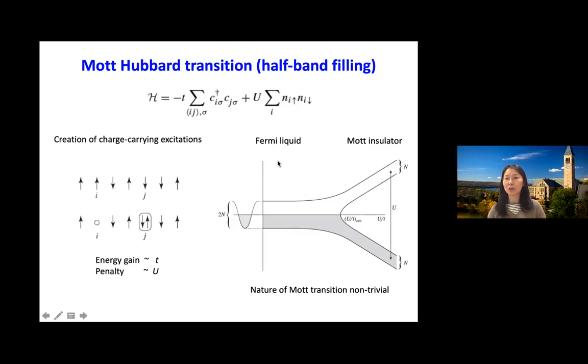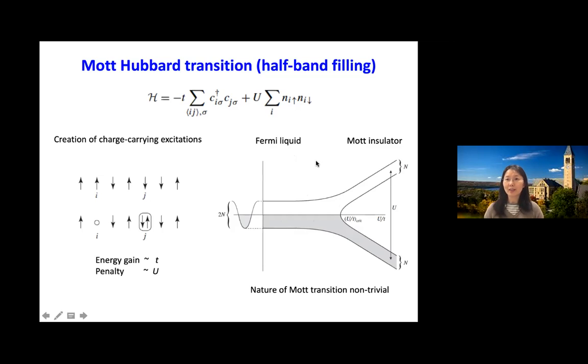At zero temperature, it's some kind of Fermi liquid. When T is smaller than U, with some critical value of the ratio, the charges localize and it becomes a Mott insulator. But the nature of the Mott transition, how to go from here to there, is very non-trivial.